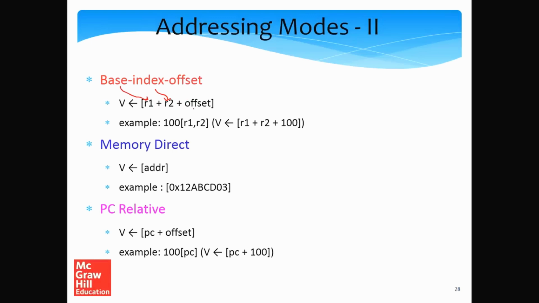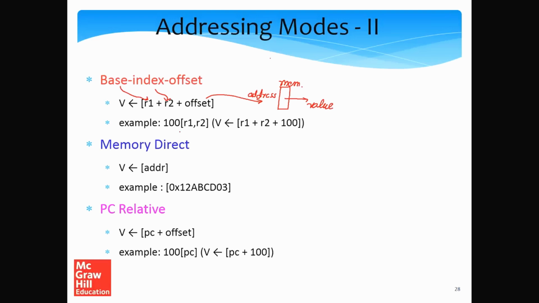So we add the contents of the 2 registers and the offset. We get an address. This address is used to access memory, and we read the value out. So this is the value of the operand.